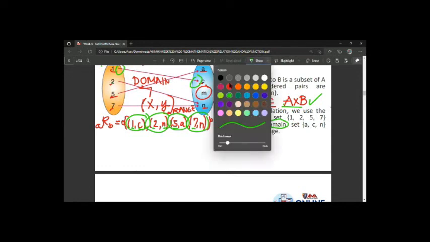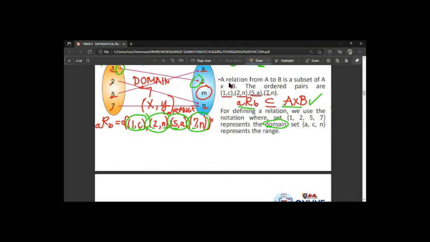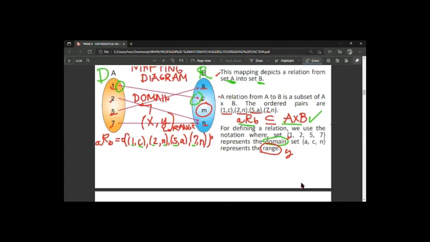So when we define a relation, we use the notation where the set 1, 2, 5, 7 represents the domain. When we say domain, guys, those are the X values of the ordered pairs, of all the ordered pairs. And the range is the Y values. These are the X values. Okay, why 1, 2, 5, 7? Based on the relationship, our domain is based on the X in the X, Y ordered pair.